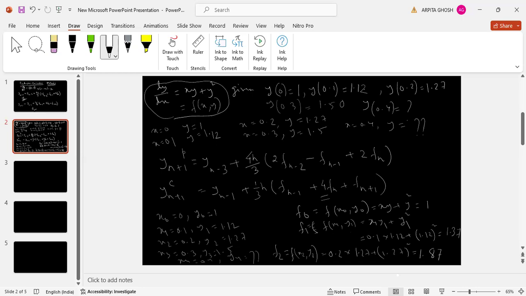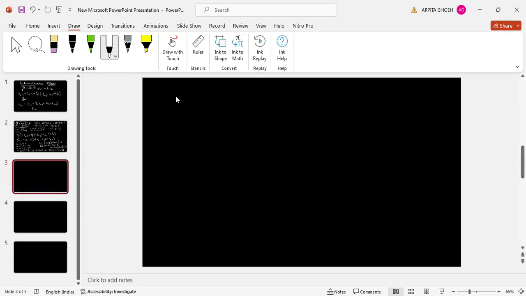Now to find f3, we need four things: f0, f1, f2 and f3. So f3 is f of x3, y3, that means x3 into y3 plus y3 square. x3 means 0.3, y3 was 1.5. 1.5 plus 1.5 whole square.